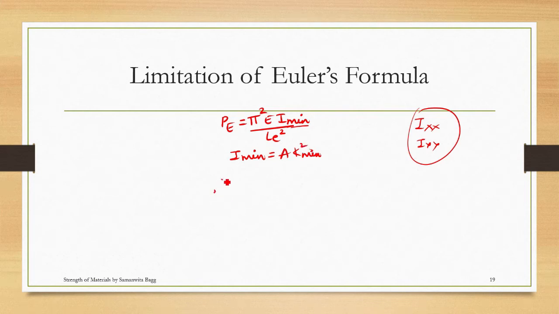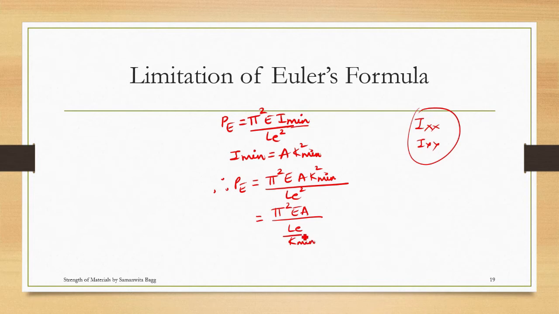Let's substitute. I get PE is equal to this, which is what I'll get. Now let's take the K in the denominator. So I get LE upon K min the whole square. This is PE. Now let's take this area here.